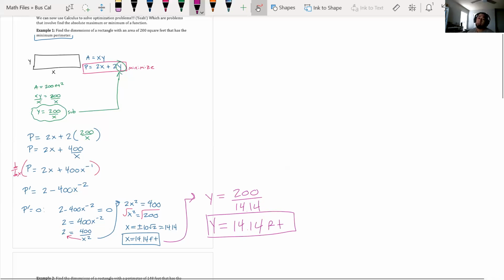So to minimize the perimeter of a rectangle with an area of 200 square feet, the dimensions of x must be 14.14 feet, and the dimensions of y must be 14.14 feet. This means we no longer have a rectangle. What do we have? A square.